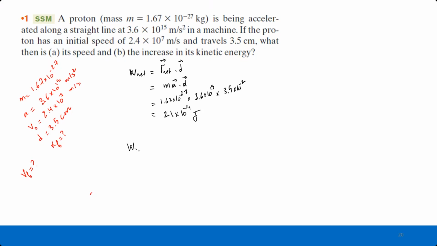And now I will use the work energy theorem, which says that W net equals delta K. I have K initial. This is half mv squared, which is half times 1.67 times 10 power minus 27 times v0, which is 2.4 times 10 power 7. I can calculate that.